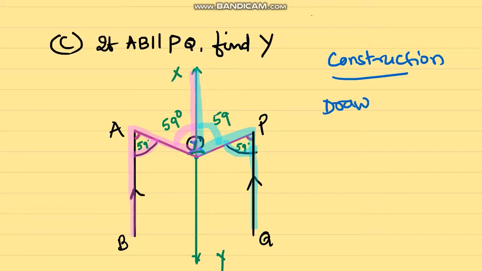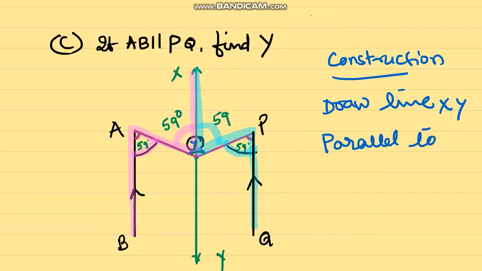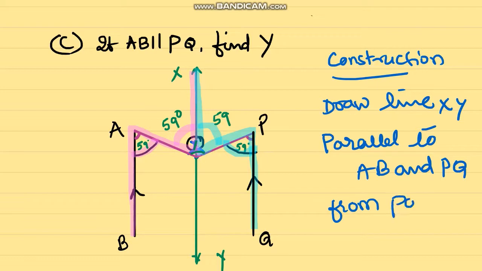Draw line XY parallel to AB and PQ from point, let us say this point is L, from point L. And what is this point L?